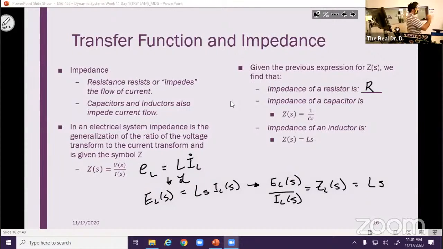But it turns out that because of the way this is defined, we can start to collapse two branches of a circuit and make an equivalent impedance. So if I had a capacitor in parallel with an inductor, I can make an equivalent impedance and collapse those instead of having to leave them separate.